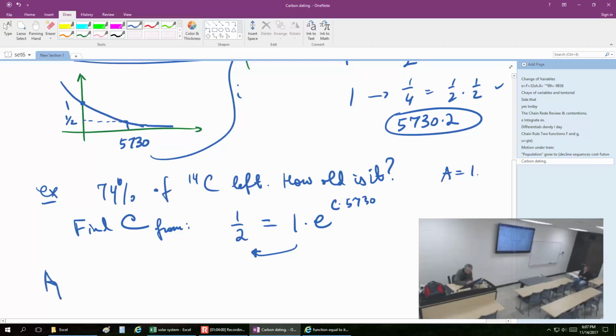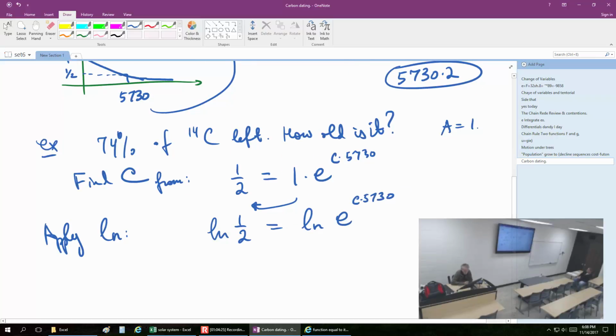So apply ln, the natural logarithm. If two things are equal to each other, then so are their logarithms, because logarithm is such a function that, well, maybe we'll talk about that at some point.